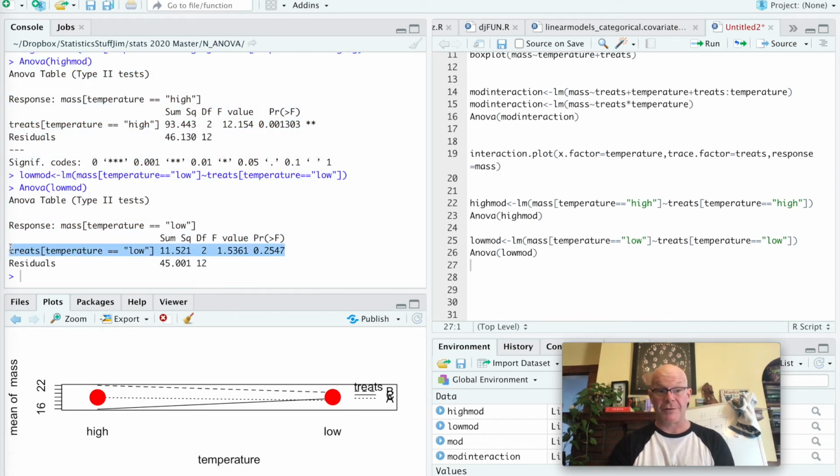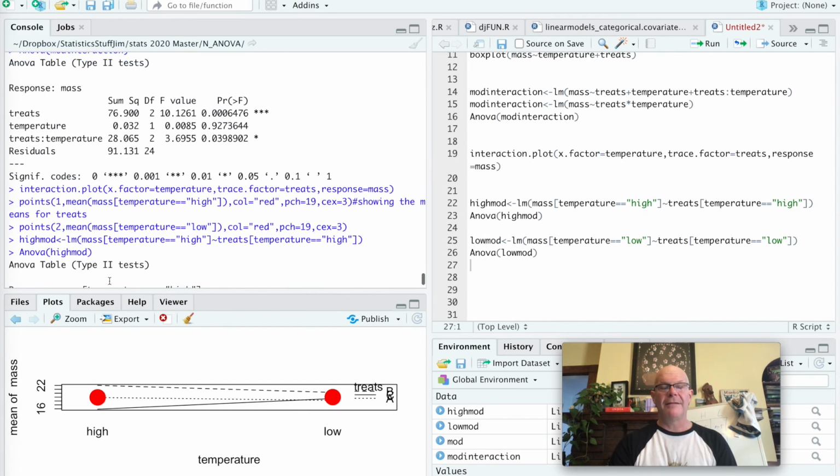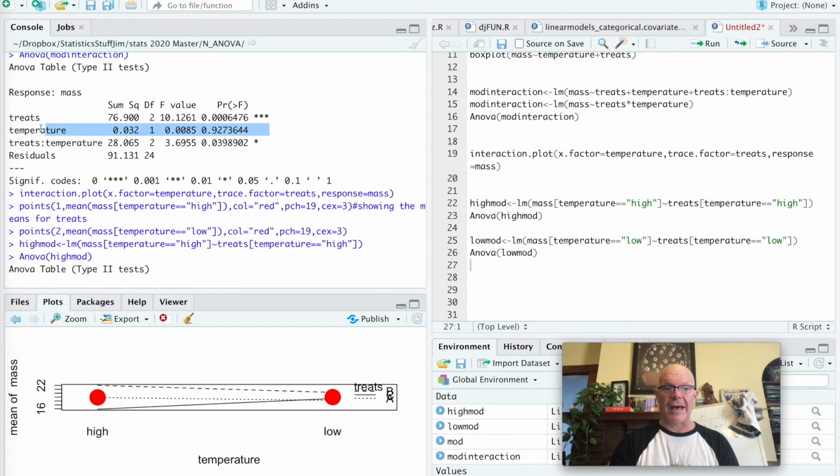So we would be wrong saying that treatments are always important, because here, statistically speaking, it doesn't look like treatments are all that important if you're at a low temperature, but they are important if you're at a high temperature. And again, that means that temperature must be important, right? But again, we lose that if we interpret the hypothesis testing part of our full model.